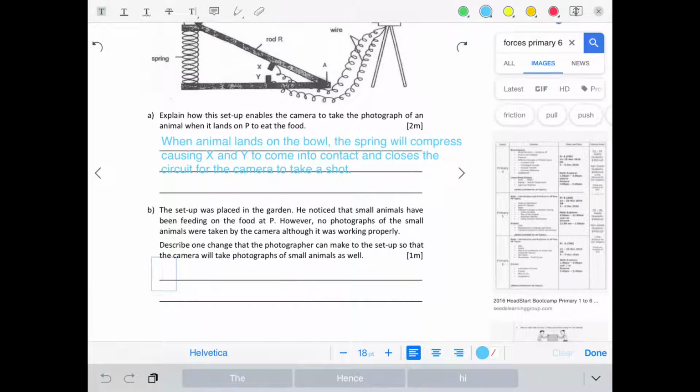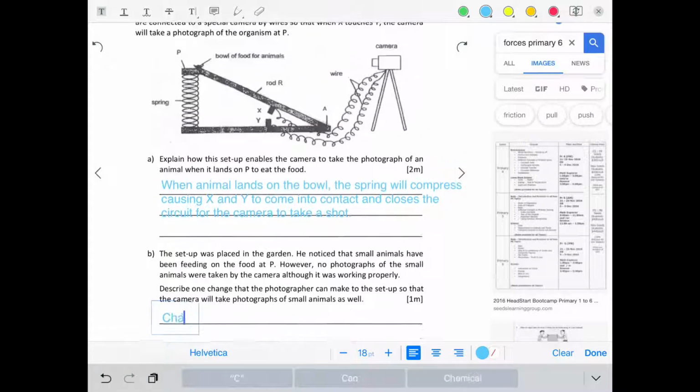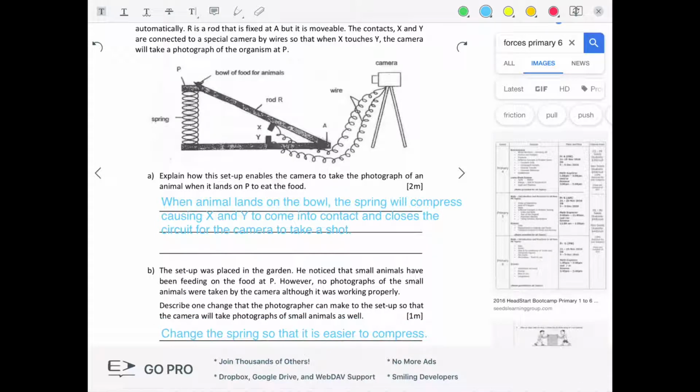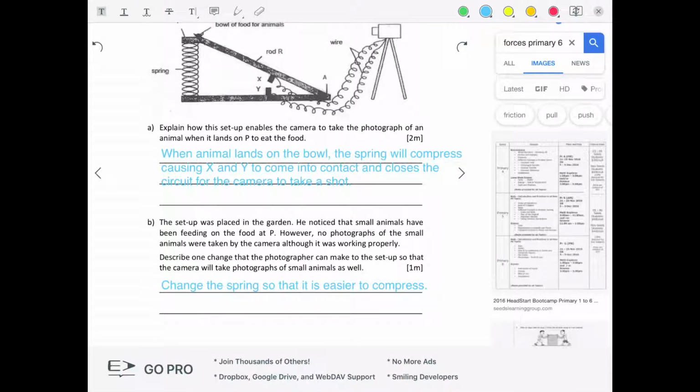So what I can do is change the spring, so that it is easier to compress, right? So you just change the spring to something that's not so hard, so that you can capture the small animals. Next.